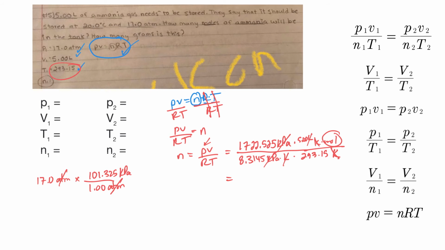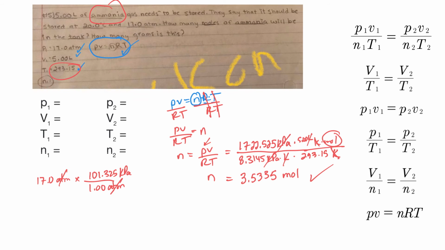So that's 1722.525 times 5 divided by bracket 8.3145 times 293.15 and bracket. That gives me 3.5335, etc. moles of whatever I have. And it's ammonia. So that's how many moles of ammonia I have. That's the first question. Got it.